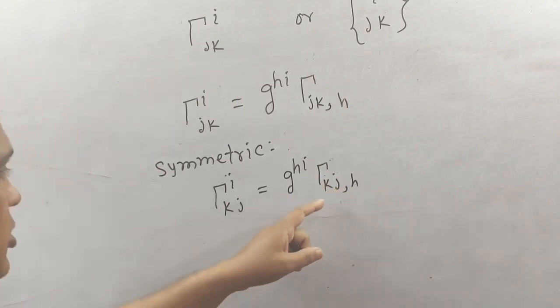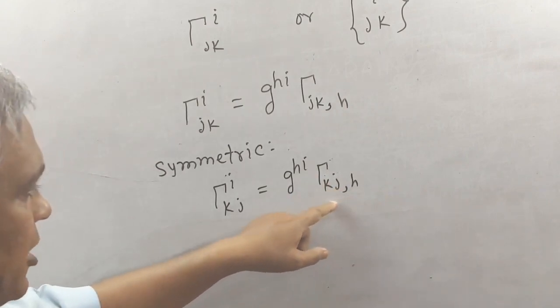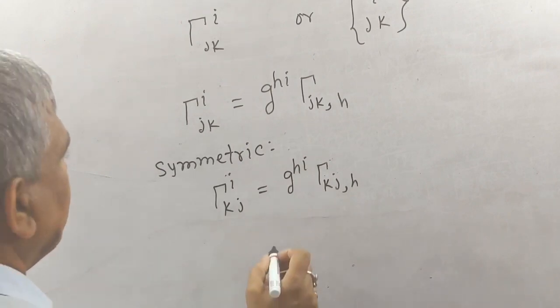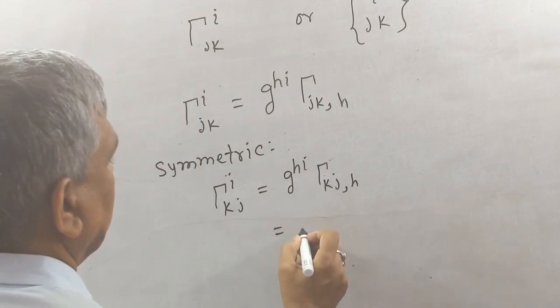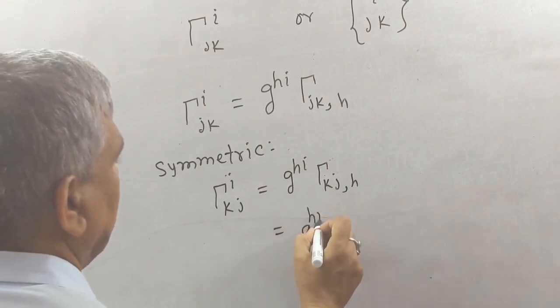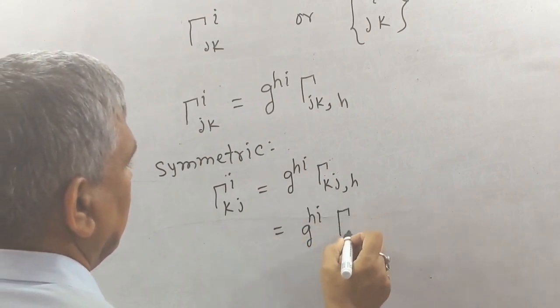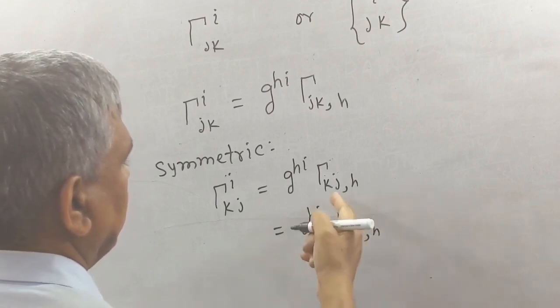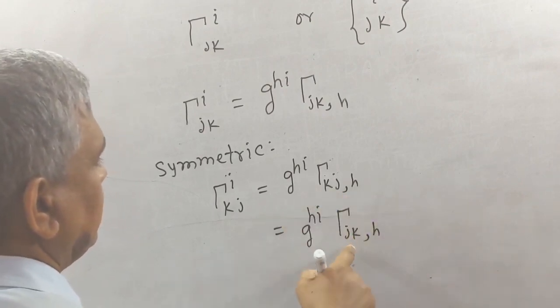We know that the Christoffel symbol of first kind is symmetric, so we may write g^hi [jk, h], with [kj, h] equal to [jk, h].